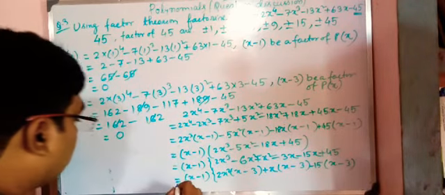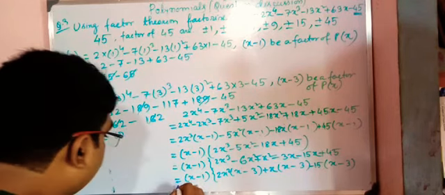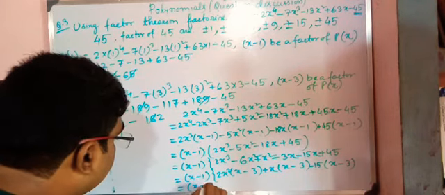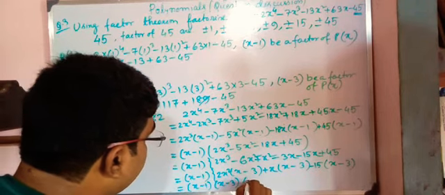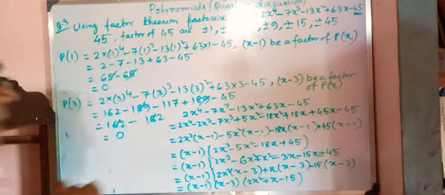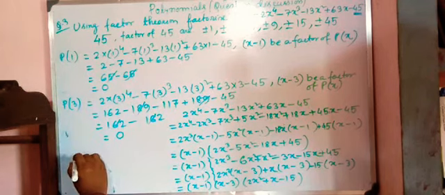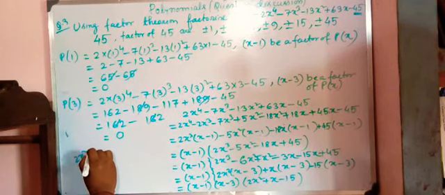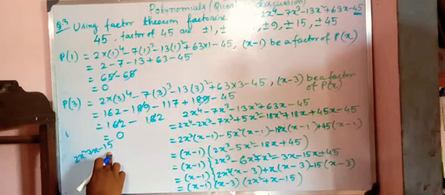Okay, so hope you are able to see the board. So here x minus 1, taking common x minus 3, we are getting 2x square plus x minus 15. Next, 2x square plus x minus 15, we have to factorize it by middle term factor.